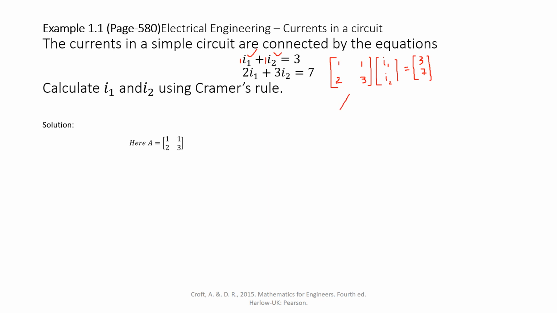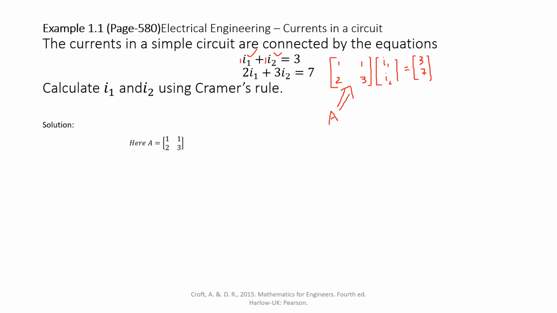So this is matrix A. For the others, we don't need to give them names. If we give them names, no problem, but it will make the writing process longer.